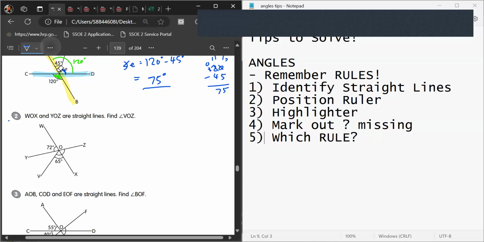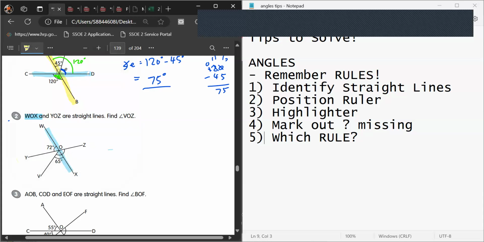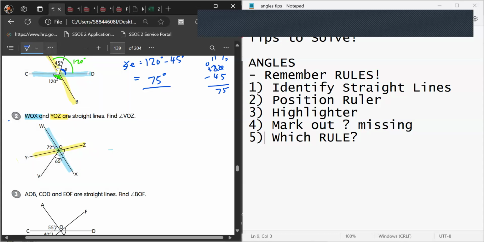So the next one is WOX and YOZ. The marked angle is BOZ.